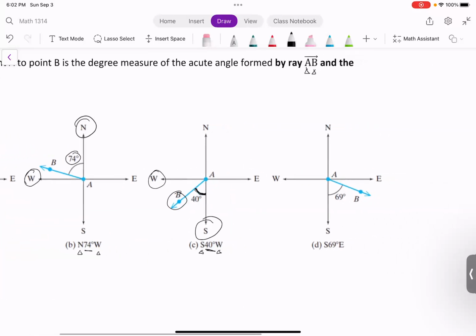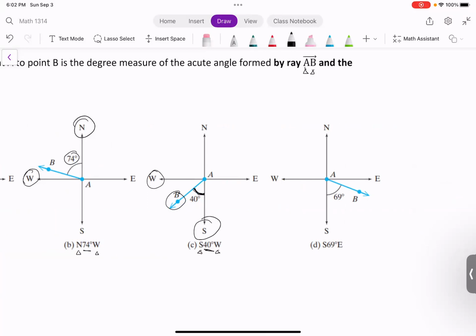Next example, the ray is from point A to point B. B is on the south part, and the acute angle between the ray and the north-south line is 69 degrees. So put the 69 here. And last, B is on the east side, so put the E here.